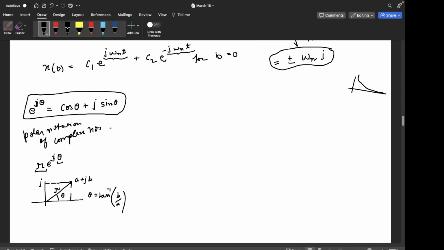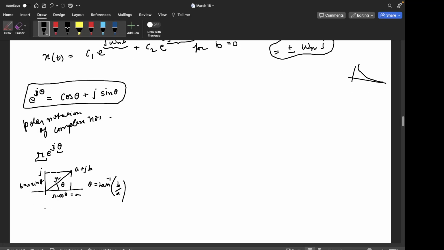And this distance is r, so r cos theta is equal to a, and b is equal to r sin theta, right? So it's r cos theta in real and j times r sin theta. Okay, so just an aside, to refresh your basic complex number notations.